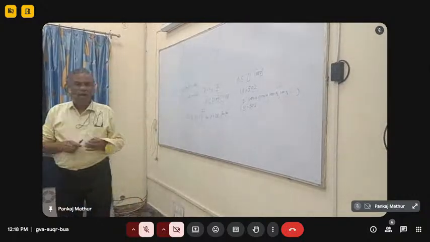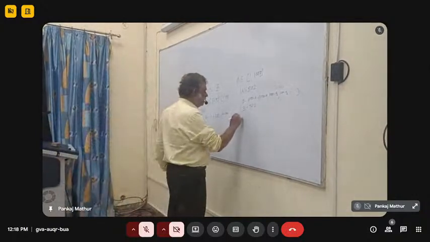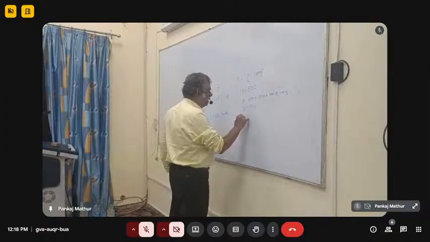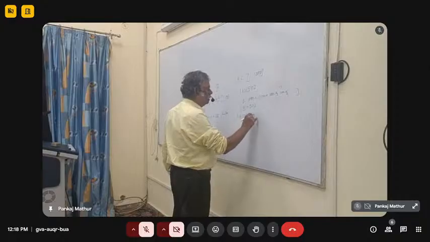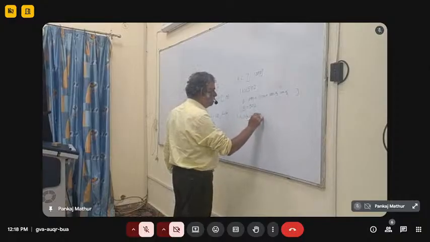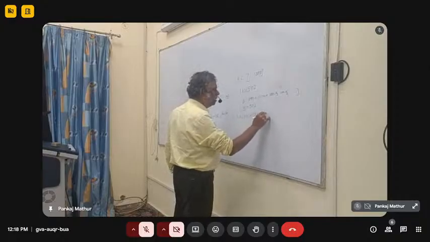Correct? And now you see the cardinality of A union B plus A intersection B is equal to cardinality of A plus cardinality of B.